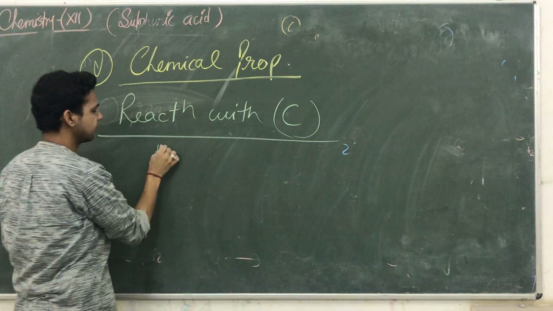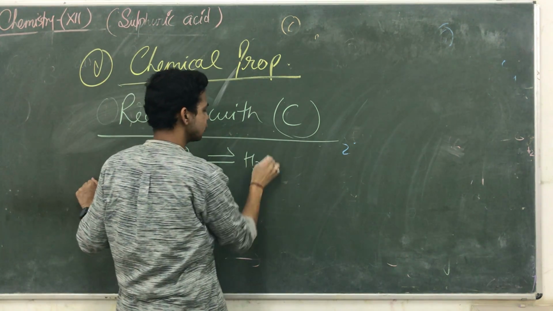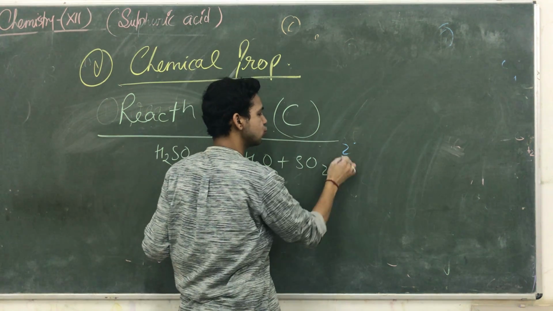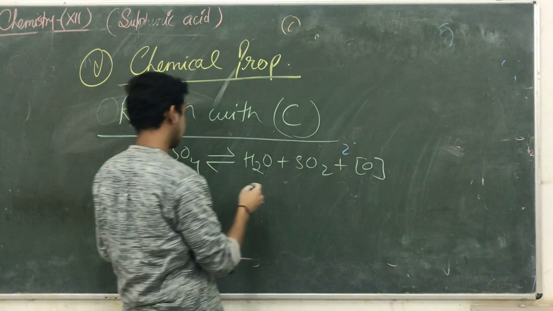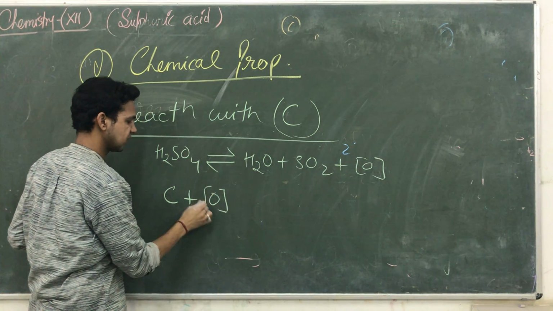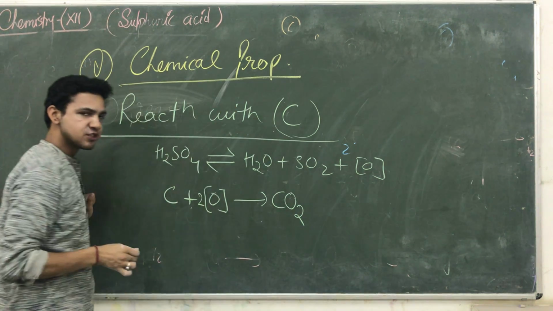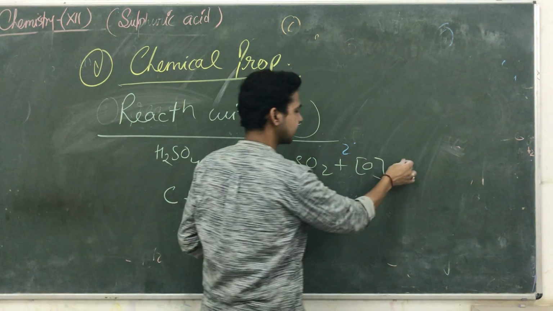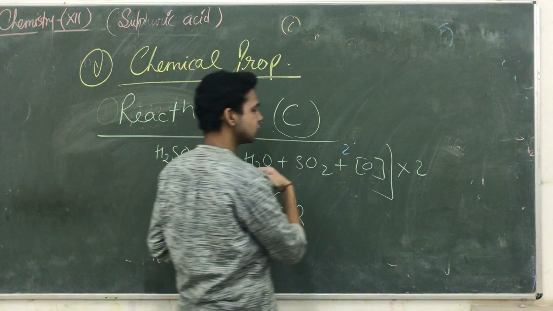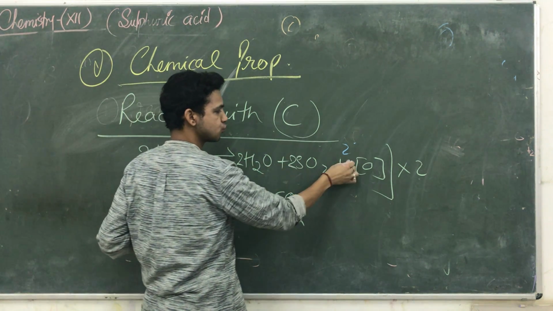And also here we are taking H2SO4, it will be decomposed into the H2O and releasing SO2 plus O. And here we are taking carbon, carbon reacts with O. See guys, here we are taking 2O because the carbon always moves in the form of CO2. अब बैलेंस करने के लिए ऊपर की इक्वेशंस को किससे मल्टीप्लाई करेंगे 2 से, 2H2SO4, 2H2O, 2SO2, 2 nascent.